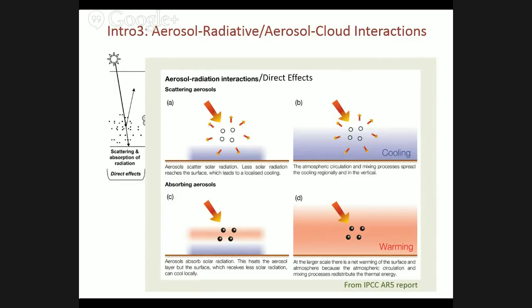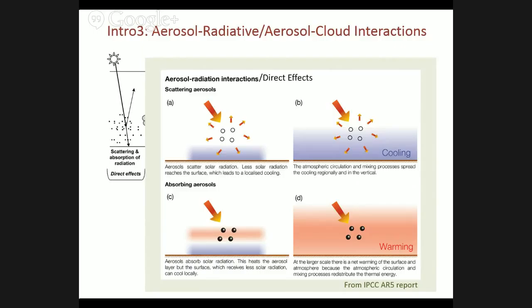And B tells us that atmospheric circulation and mixing processes would spread this cooling regionally as well as vertically. So this is one effect. The other one is, if you have an absorbing aerosol present in this layer, it will heat up this atmospheric layer.